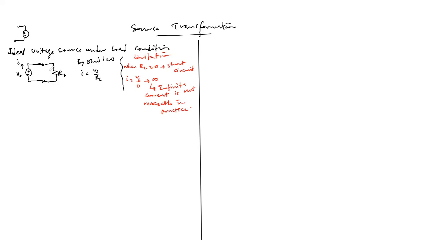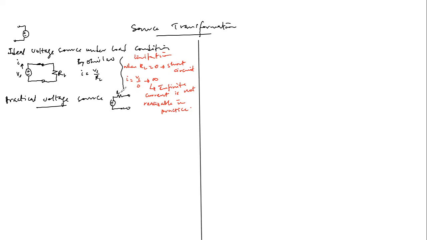So this brings us to a practical voltage source. In order to model a practical voltage source, we have to connect a resistor in series with the voltage source so as to limit the current. So in other words, a practical voltage source will look something like this.